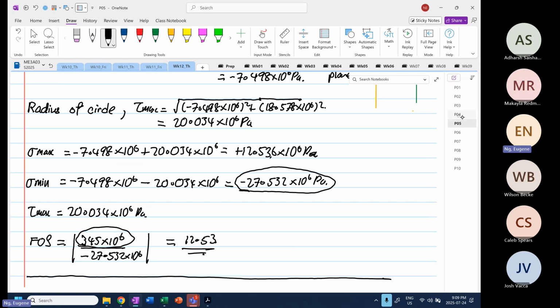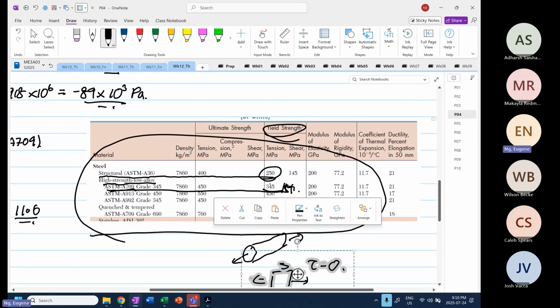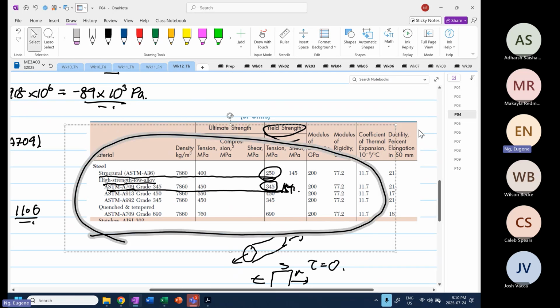Because over here, the yield strength I only have in tension. I don't have any value in compression. So when we assume that the yield strength in tension and compression are equal, we are already using the Tresca criteria. Von Mises also does the same. Are we clear?